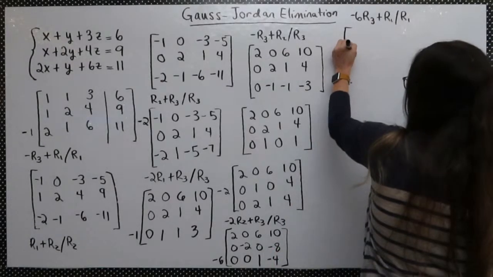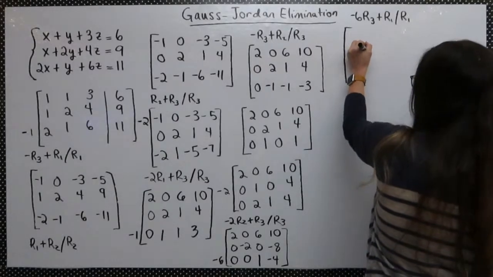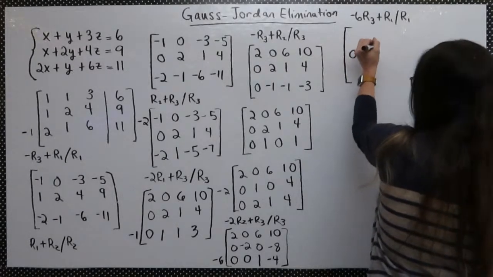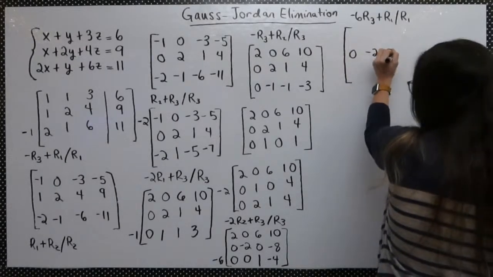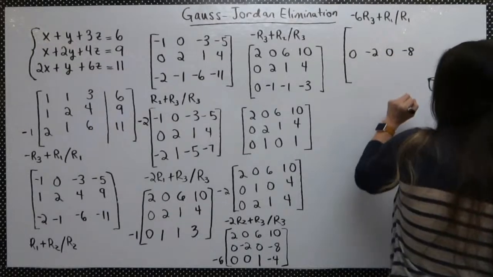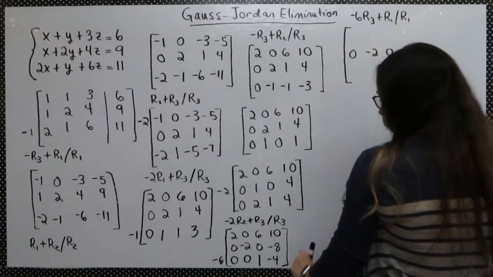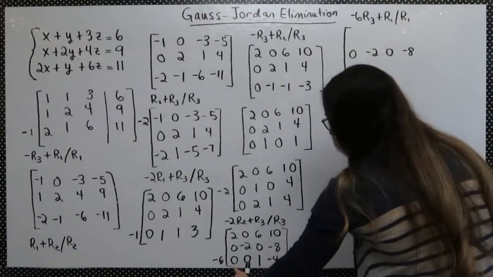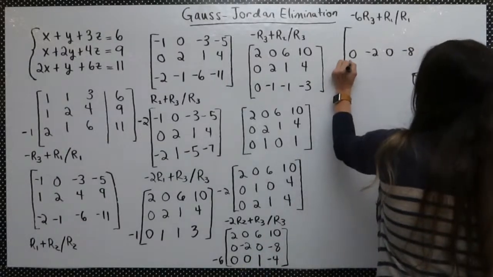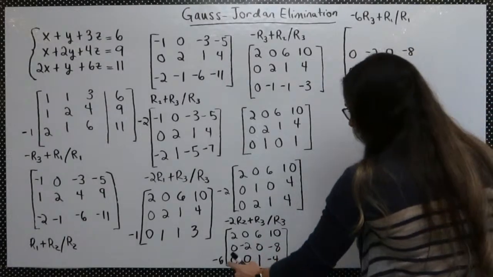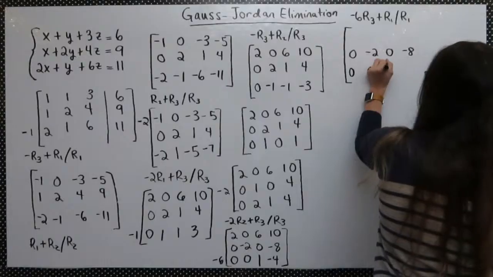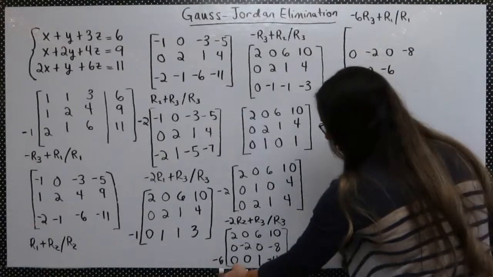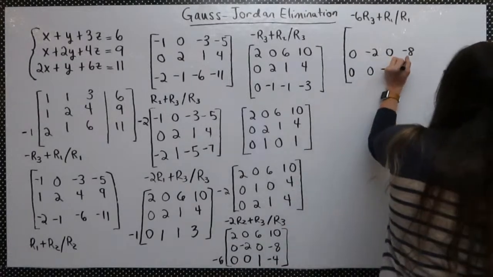So we'll start with writing in row 2. 0, -2, 0, -8. Go ahead and perform this math. So these are both going to be 0. And then -6 times 1 is -6. -6 times -4 is positive 24.